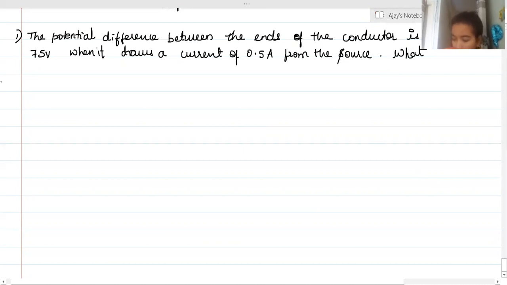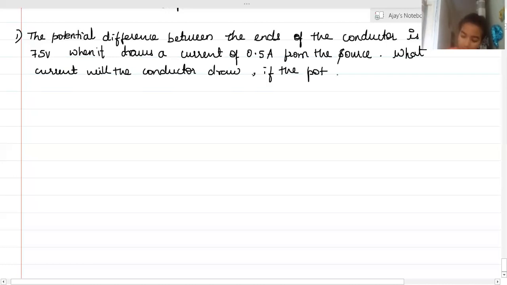What current will the conductor draw if the potential difference is increased to 150 volts?